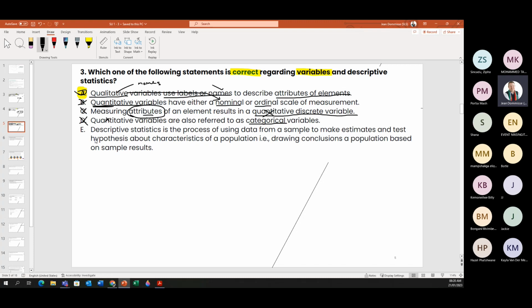Let's go to option E, and let's just look at descriptive stats. Is the process of using data from a sample to make estimates and test hypotheses about characteristics of a population, drawing conclusions about a population based on sample results.